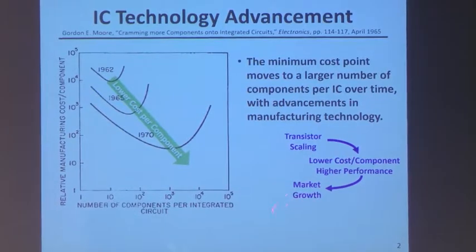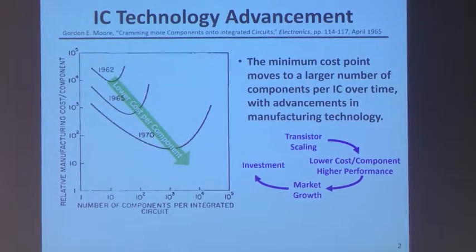Over time, this has enabled companies to develop better products that are more capable. The industry makes money and invests some of that back to further advancing the technology to further increase manufacturing yield for smaller and smaller devices. So this virtuous cycle has gone on for more than 5 decades and is still proceeding.